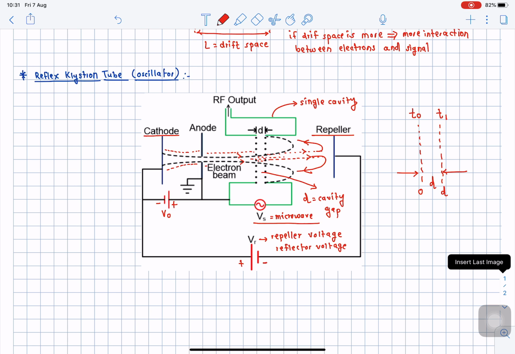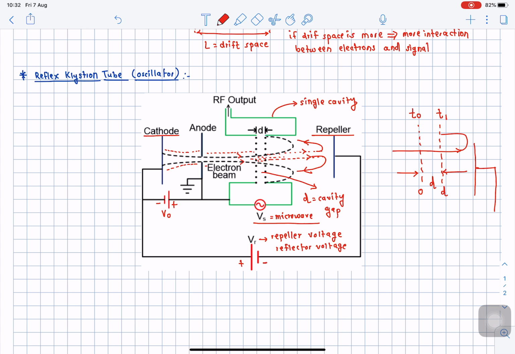And when they leave, over here we have the repeller plate in this way. The repeller plate is already connected with a negative potential, so when the electrons pass in this way and come closer to the repeller, they will get repelled back in this way.